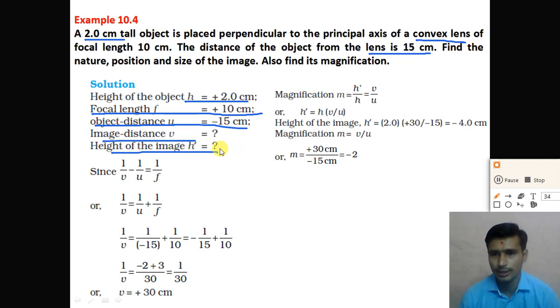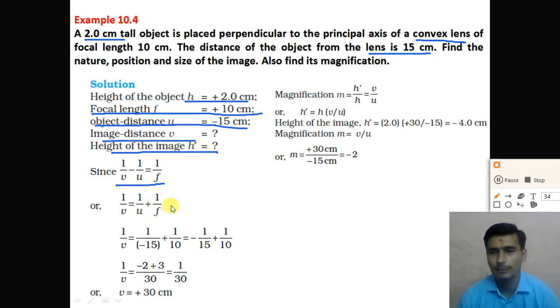So dear student, with the help of the lens formula, 1 by v minus 1 by u is equal to 1 by f. So how do we find the image distance? 1 by v is equal to 1 by u plus 1 by f.